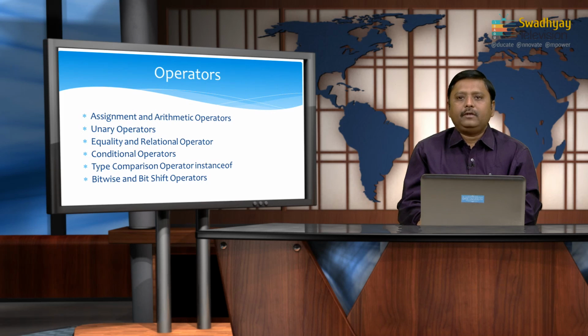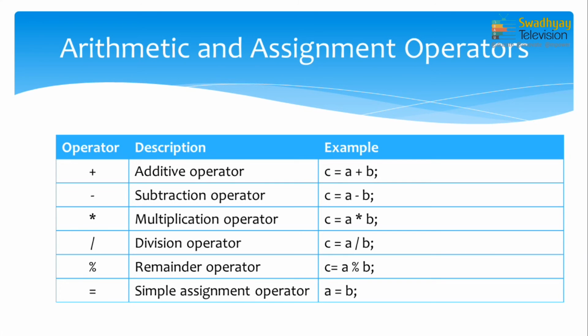We start with arithmetic operator and equality operator. In arithmetic operators, we have operators such as addition, subtraction, multiplication, division and remainder. The last operator is the assignment operator, which is used to assign one value to another.